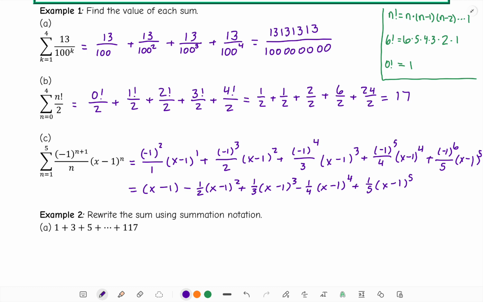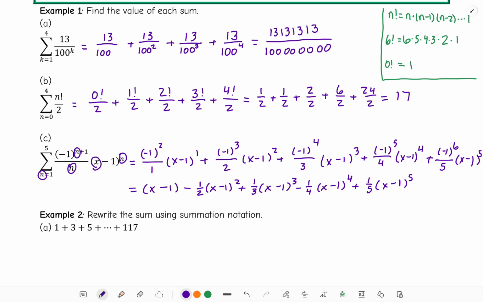I did forget to mention that the indexing variable is n, so that's why I only replaced the n's with 1 through 5. The x is not an indexing variable, so the x got left alone, and that's why our answer has x in it.